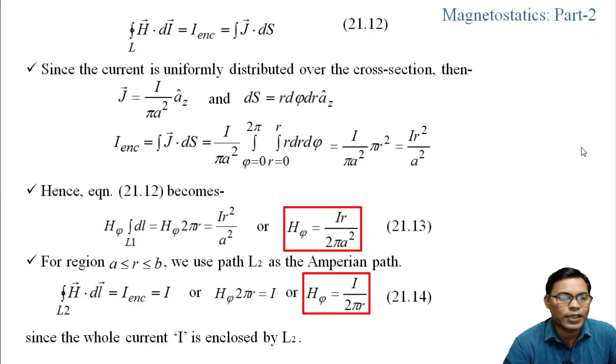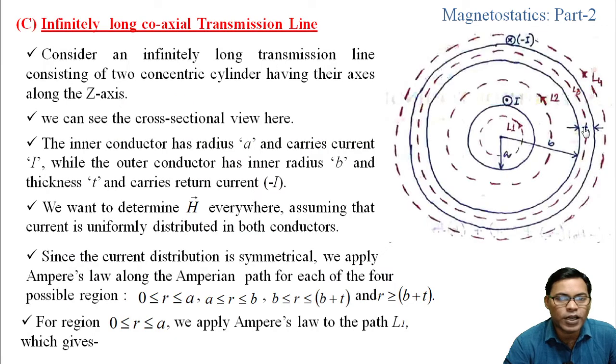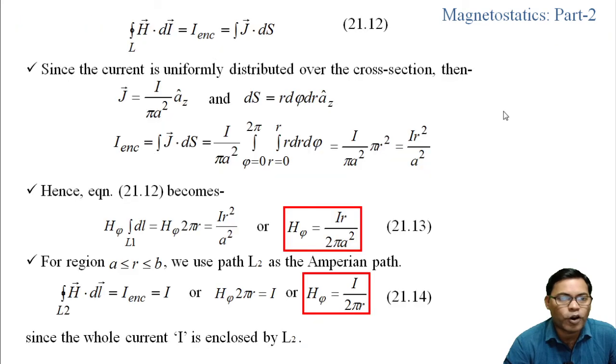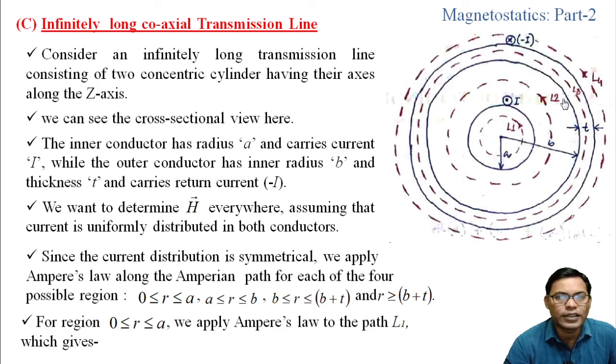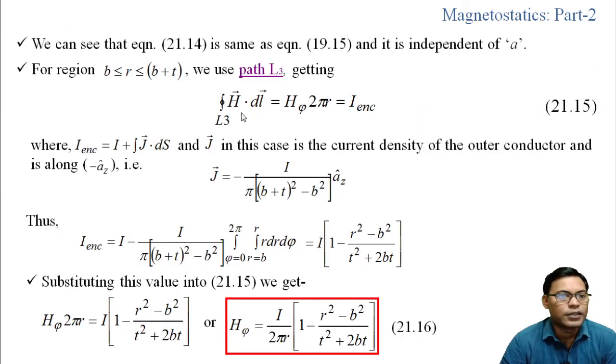For that, first we need to calculate the current flowing through this strip, the outer strip. After that we will add that current and the current flowing through the inner conductor. Here you see that this is the third case, for which we have considered the path L3.